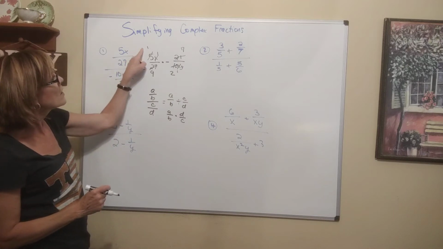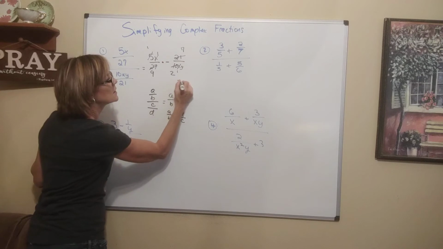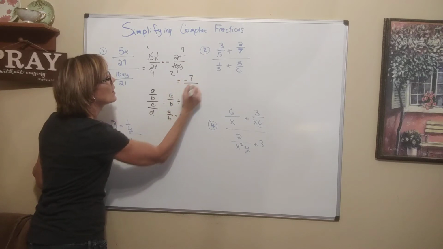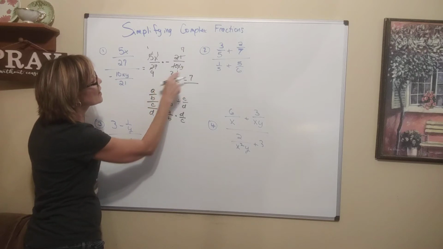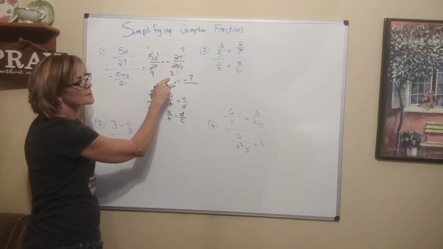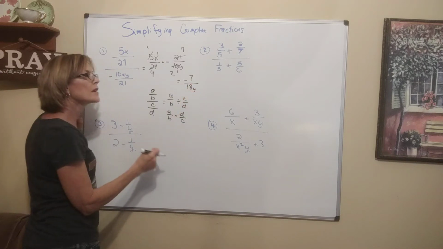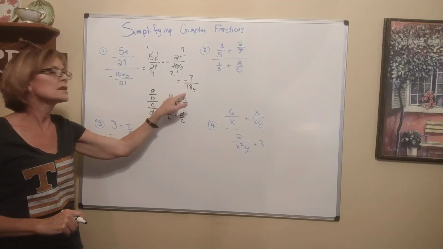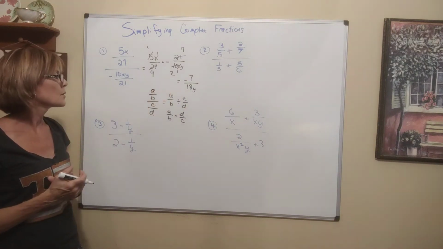So now I have 1 times 7 times a negative gives me negative 7 over 9 times 2 times 1 times y. 9 times 2 is 18, times 1 is 18, times y is 18y. So you can write the negative in the numerator, in the denominator, or in the middle, and it means exactly the same thing. So that's number one.